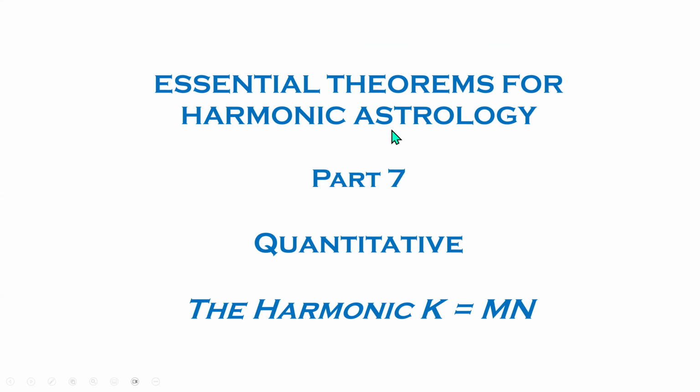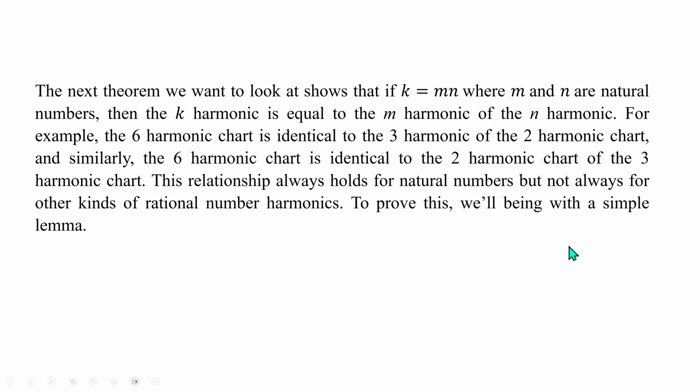Okay, I'm ready. Essential Theorems for Harmonic Astrology, part 7, the harmonic K equal to M times N. Now, the next theorem we want to look at shows that if K is equal to M times N, where M and N are natural numbers, then the K harmonic is equal to the M harmonic of the N harmonic.